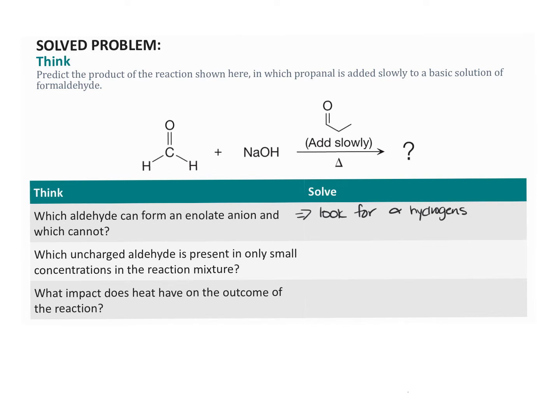And we see here that formaldehyde has no alpha hydrogens, so it can't form an enolate ion.